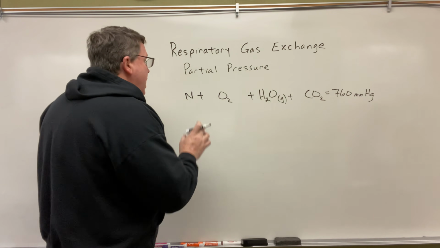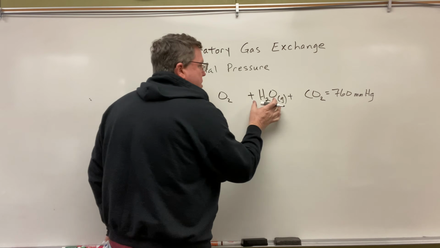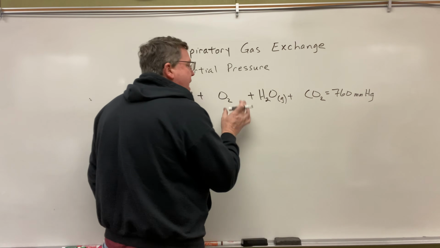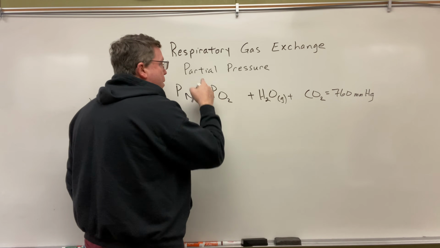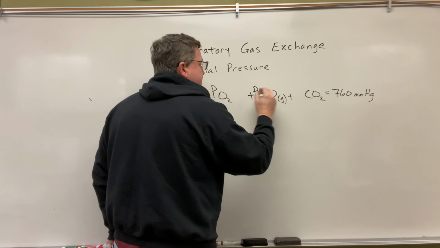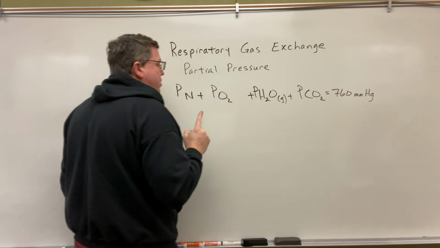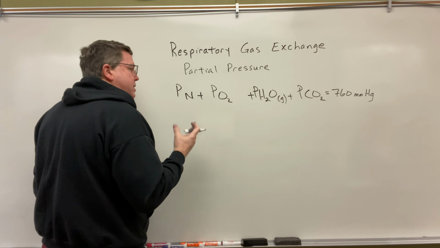Now, each one of these exerts a pressure, and that's called the partial pressure. So I'm going to put a P right here. The P stands for partial pressure, right? Then we're going to look at how much this is.